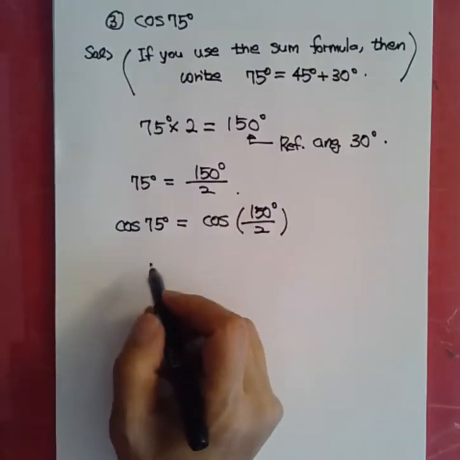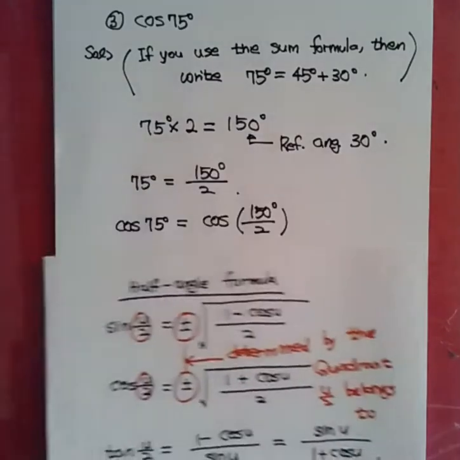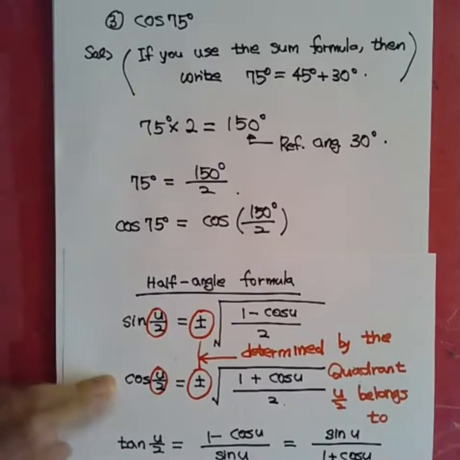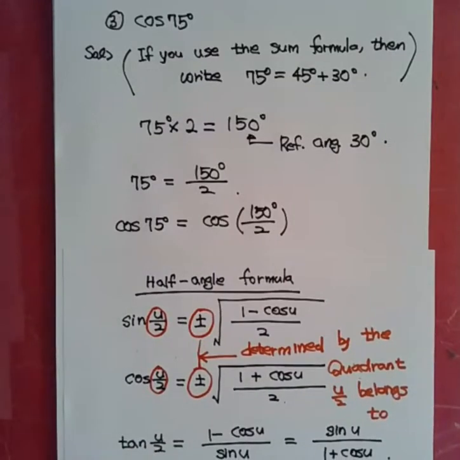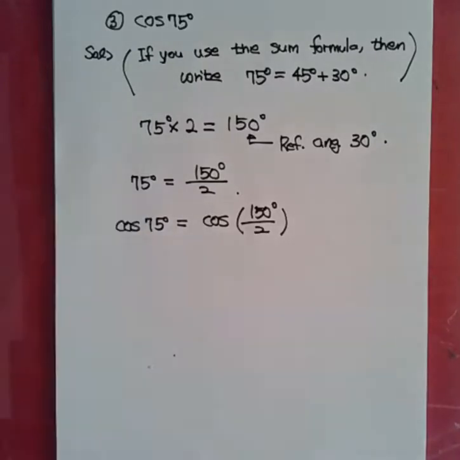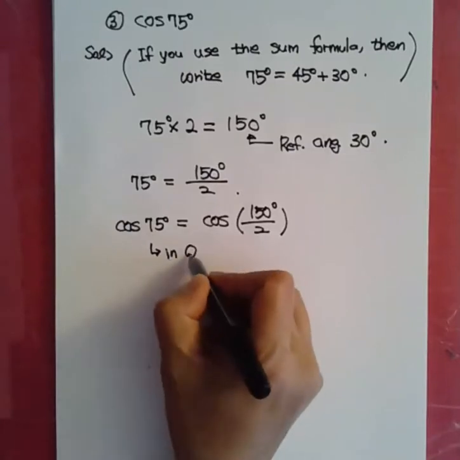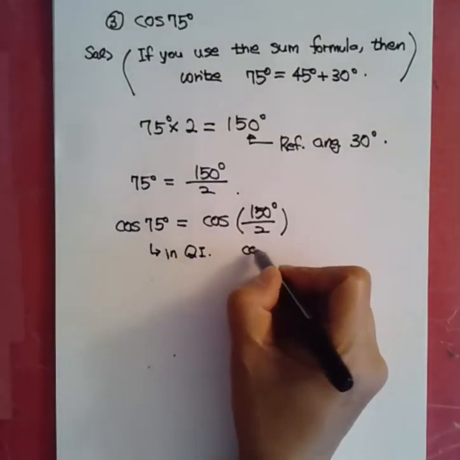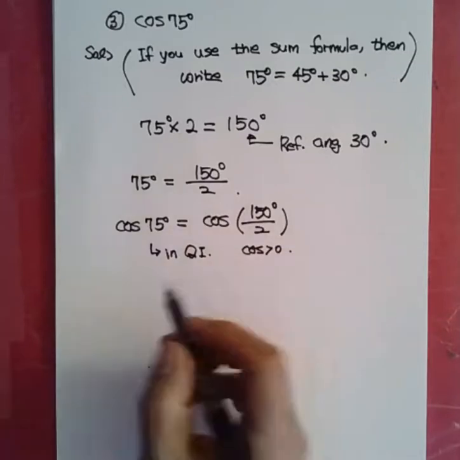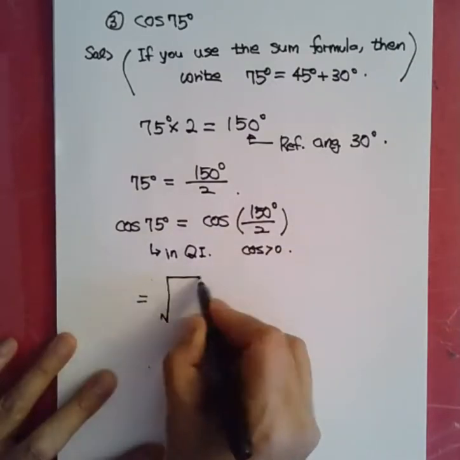We have to use the formula, and then we have to think about whether the cosine value is positive or negative in the quadrant the angle belongs to. We are thinking about 75 degree, which is in quadrant 1. So cosine value is positive. We use the half angle formula.